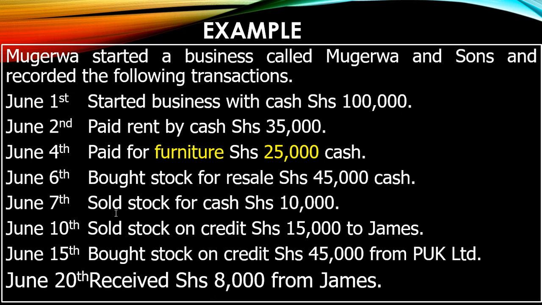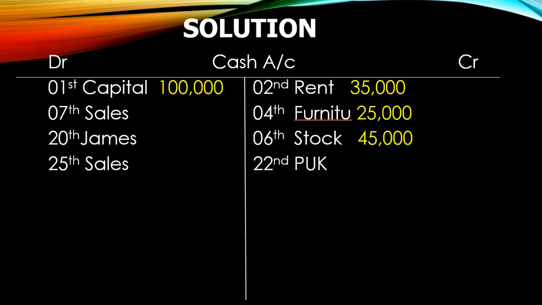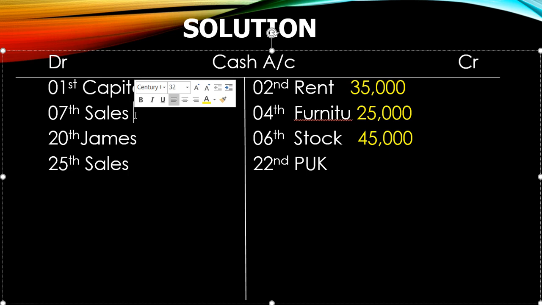Then on the 7th, they sold the stock for cash. The stock that they had bought on the 6th, part of it was sold at 10,000. So now cash is increasing because we are receiving money from what? From sales.